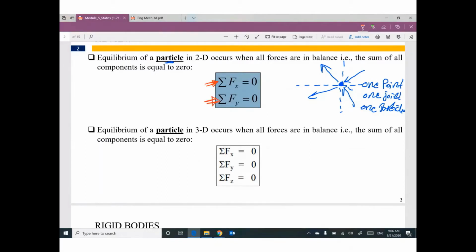That is if you are talking about only one particle in 2D in equilibrium.